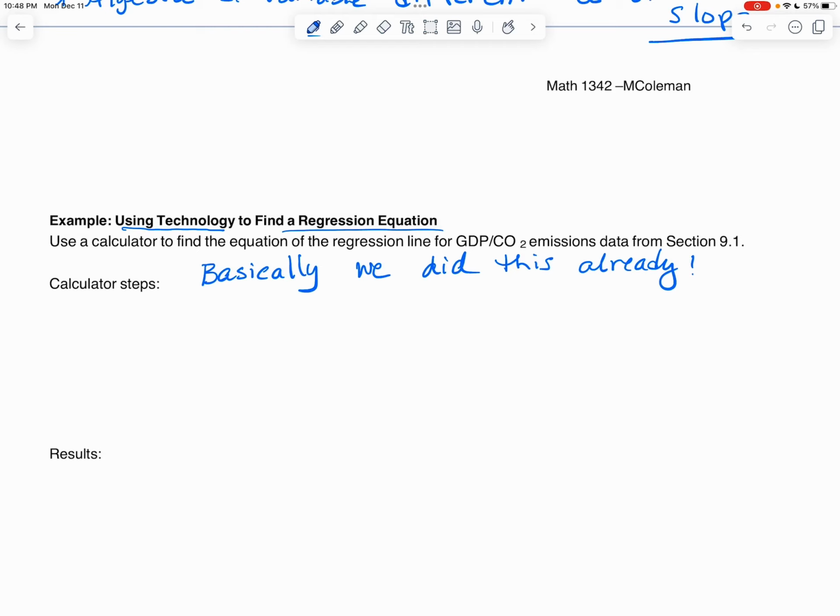This is step 1. Step 2, we're going to hit Stat, and instead of Enter, we're going to do Calculate, go over to number 4, which is the linear regression, ax plus b. So Stat Enter, and then Stat Calc. And number 4 is your linear regression.